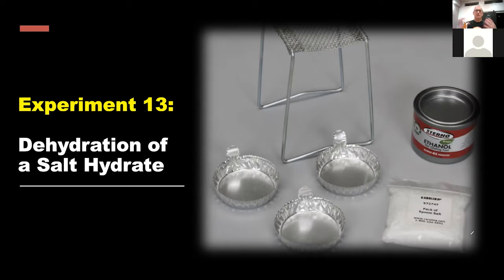And so each salt forms these hydrates, although we will find that not all salts are stable hydrates at room temperature. So let's have a look and talk a little bit more about what hydrates are.